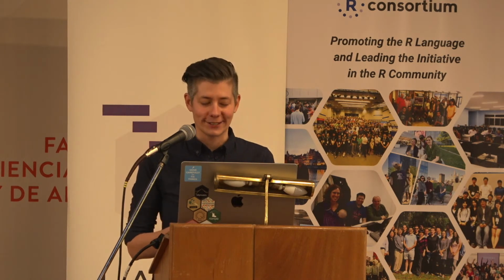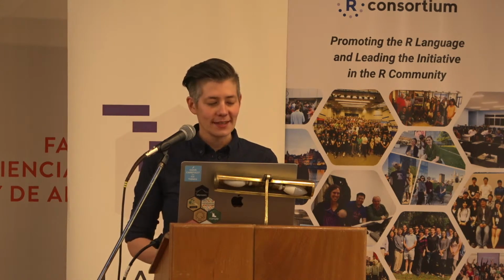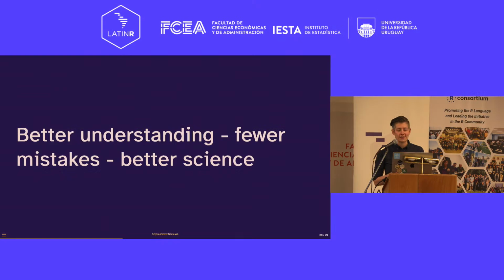So we're optimizing for humans to be able to read the code, and I do like that idea because if it's easier to read, it's easier to understand, and the better you understand things, the fewer mistakes you make, and hopefully the better science you do with it. And I think that matters, especially in the context of R.